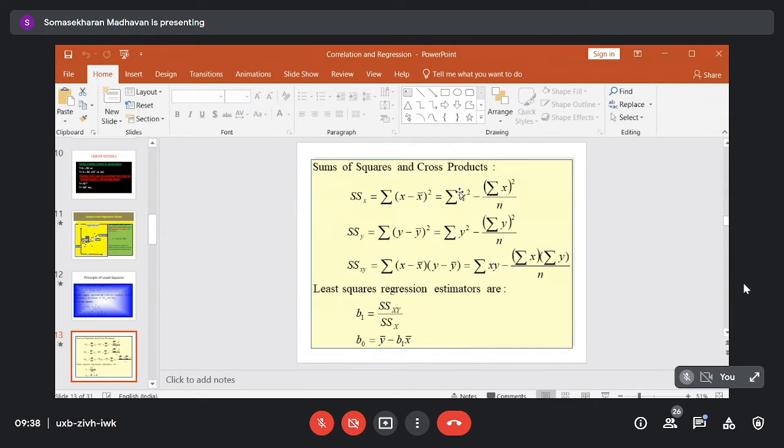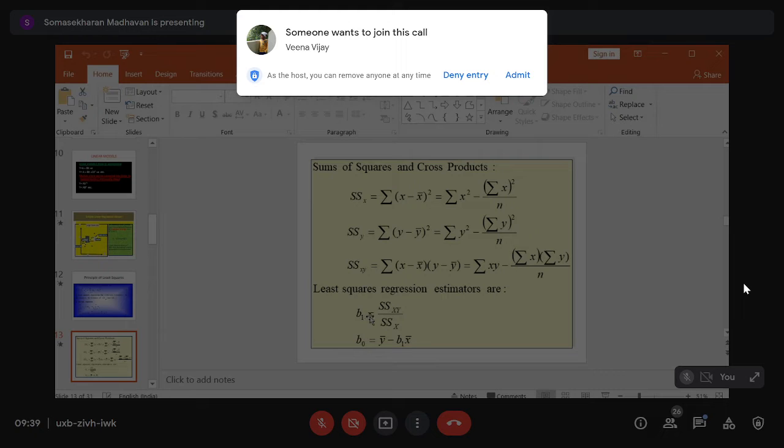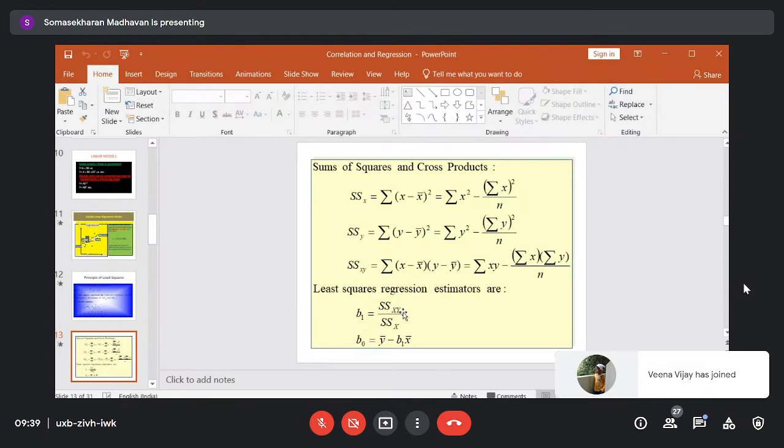Then if you do this process of differentiation and solving these two equations, you will get the estimate of the regression parameters as B1 equal to, that means the slope, SSXY, that is the covariance between X and Y, divided by SSX, which is the variance of X, the sum of squares of X. Then B0 can be taken as Y bar minus B1 into X bar.